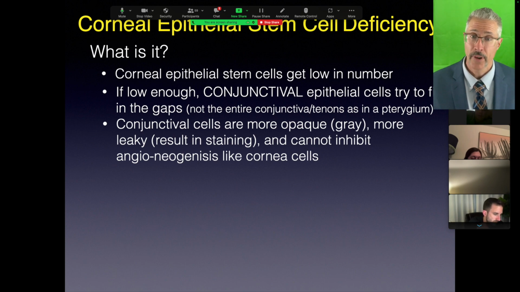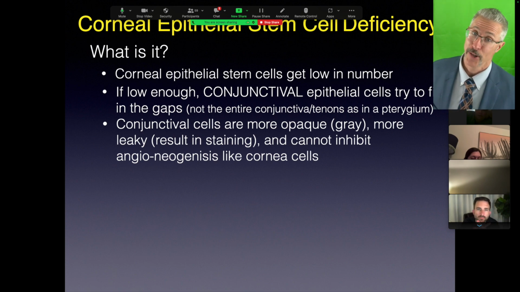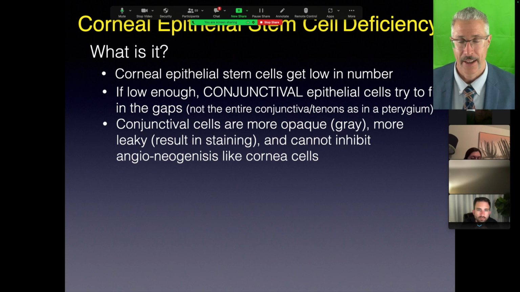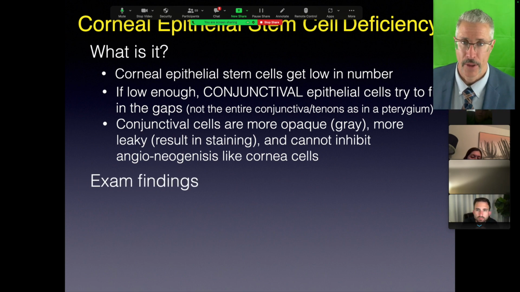And what's so different about the conj epi cells is they're also a gray epithelial cell. And they also let in late staining, kind of like neurotrophic keratitis. They don't have as tight of junctions. And unlike cornea epithelial cells, they don't tell blood vessels, hey, don't grow. They allow them to grow.